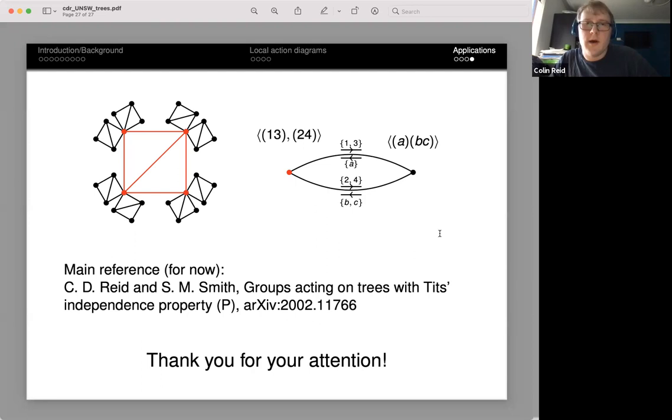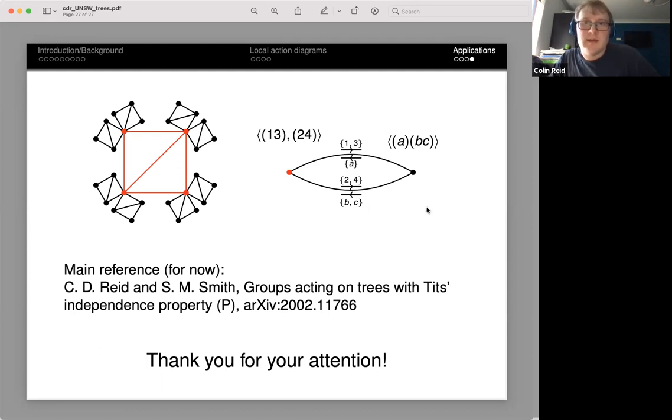Yes. So the reason we look at the one-dimensional case, I guess, is that trees are easier. That's the only real reason. There has been some work on these kinds of ideas for buildings, and I think for CAT(0) complexes.